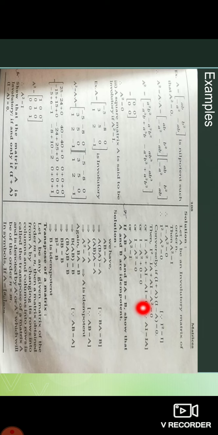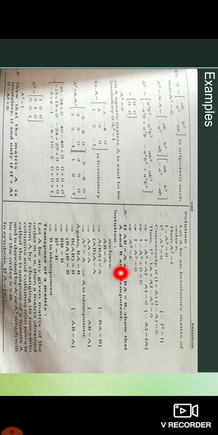I plus A, first bracket, second bracket I minus A is equal to 0, then the multiplication of I into I square minus I into IA plus A into I minus A square is equal to 0, or I minus A square plus AI minus AI is equal to 0.